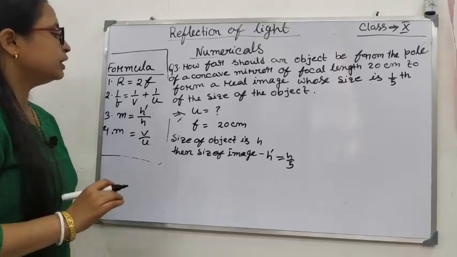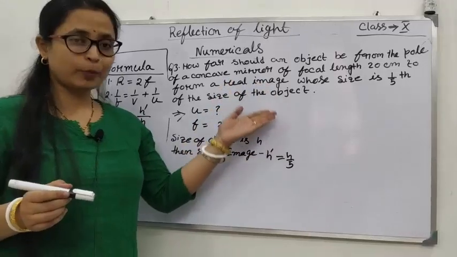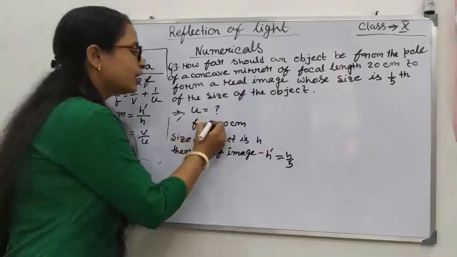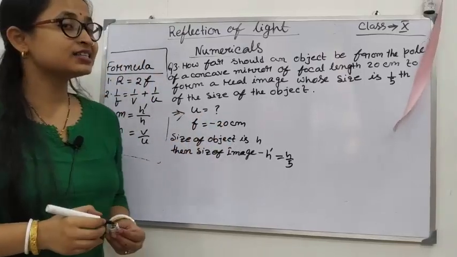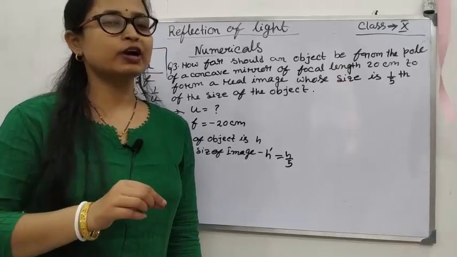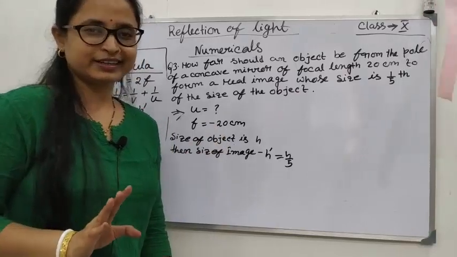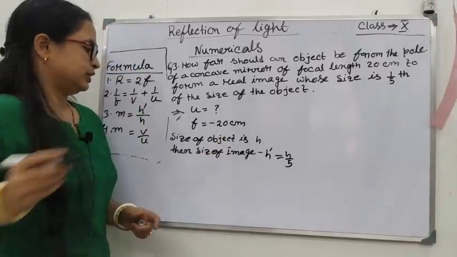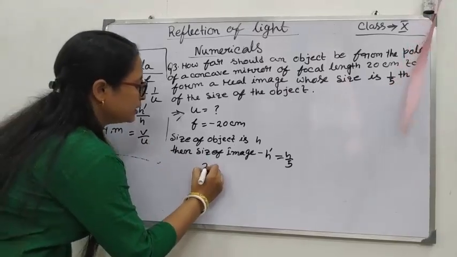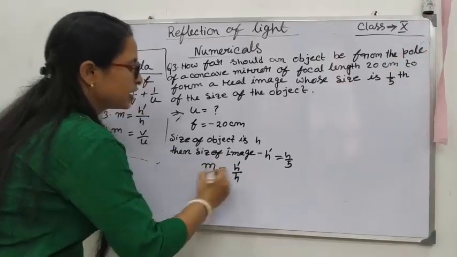Clear? Now from the sign convention, just before this numerical, I explained that in case of a concave mirror the focal length is negative, as the direction of incident light and the direction of focal length are opposite, so it will be negative. Now let us use the formula of magnification. So m is equal to h dash by h.